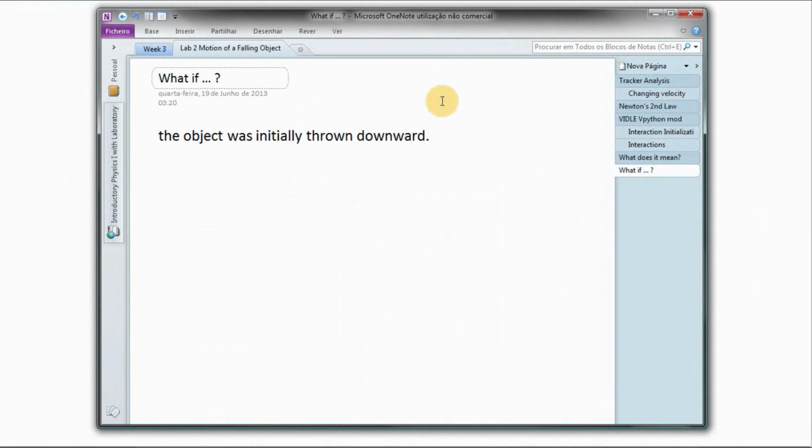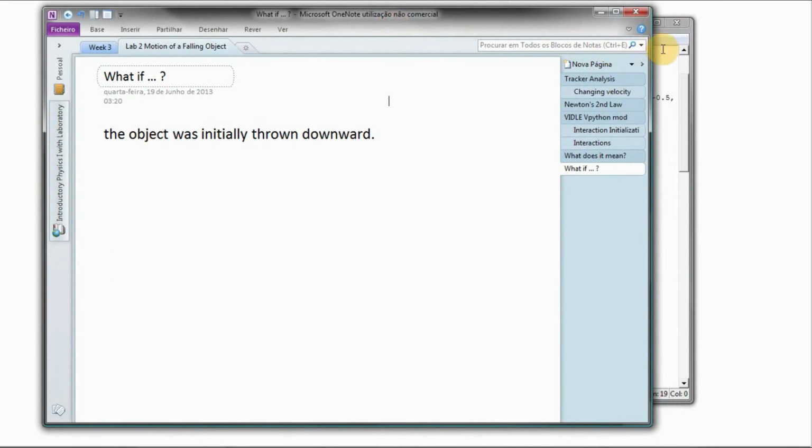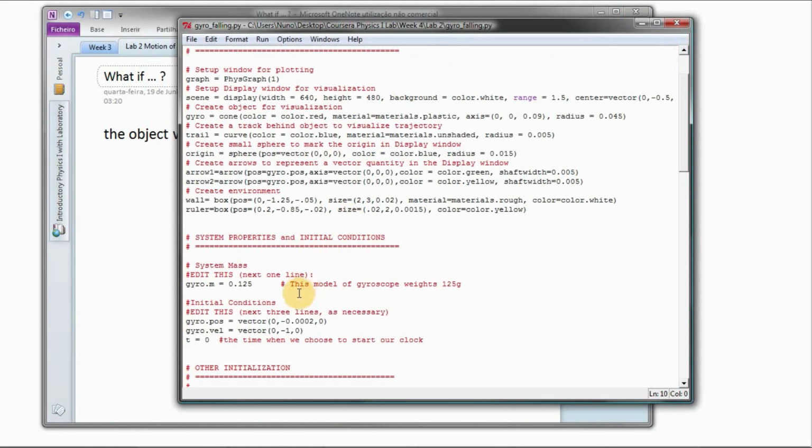As to the question, what if the object was initially thrown down? Let's see in my model implementation. Here in the gyro velocity, the initial velocity, I have placed the y-axis at -1 meter per second, so there is an initial velocity as if the gyroscope was thrown downwards.